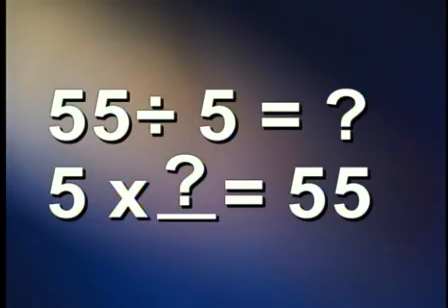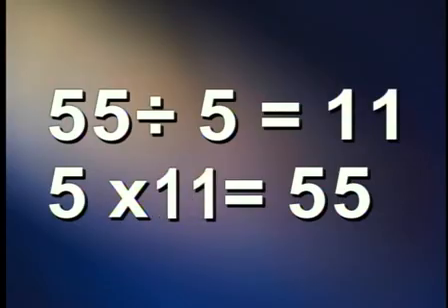The 55 is obviously 55 ones. Certainly isn't 55 tens. So the question is, 5 times what number is 55? And ones times what place value is ones? Well, 1 times 1 is 1. So the answer is going to be a whole number, obviously. And 5 times 11 is 55. That is 5 ones times 11 ones equals 55 ones. So the answer is 11.